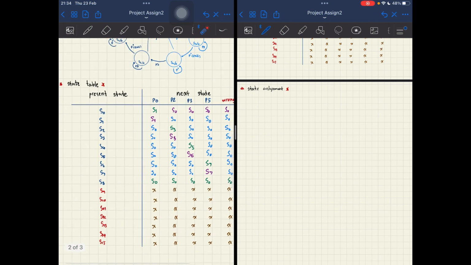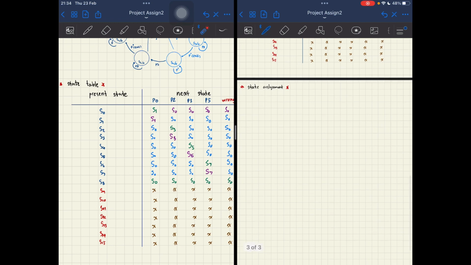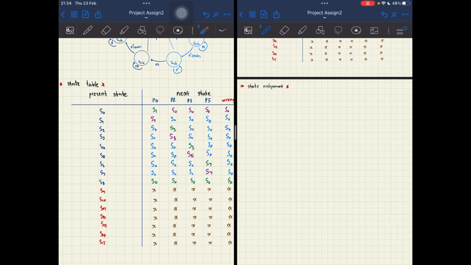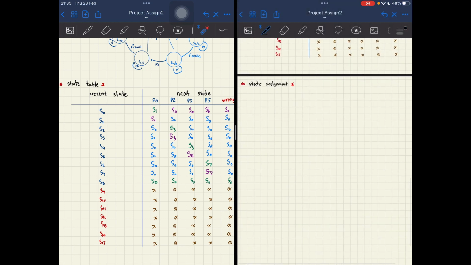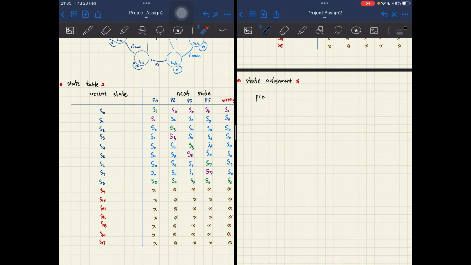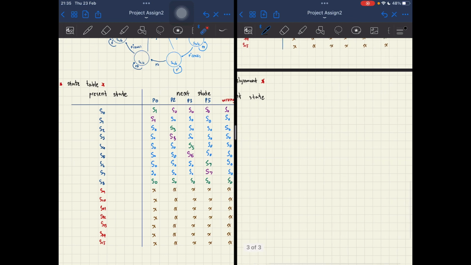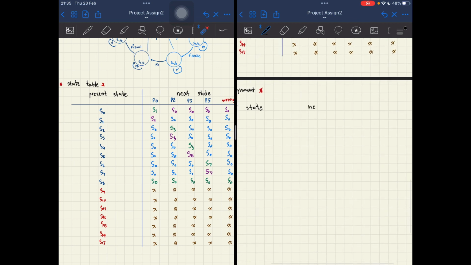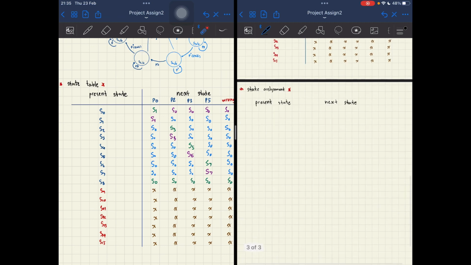The state table and state assignment are similar, but state assignment is the converting of the name of the state into the binary number, for easy evaluation into the equations analyzed as an input to our flip-flop. So let's start it. We have present state. Sorry for my rude handwriting, but I need to write fast so as not to waste time.